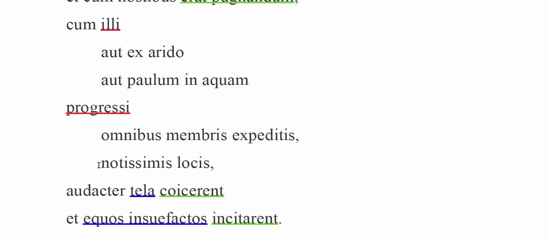And, we understand, in very familiar places, because this is their land. They know where they are. So what did the barbarians do with all of these advantages? They boldly cast their spears, and their horses who were insuefactos, who were used to doing this, they urged them on.